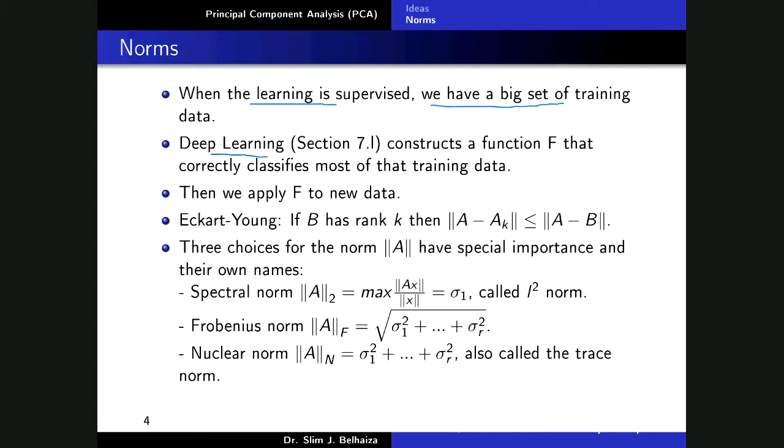Otherwise, when we don't have the luxury of having a big data set, we have unsupervised learning. And deep learning, in fact, adds to this that it constructs a kind of function that correctly classifies most of the training data according to their properties. And then we apply the new function we found to new data to do some forecasting.